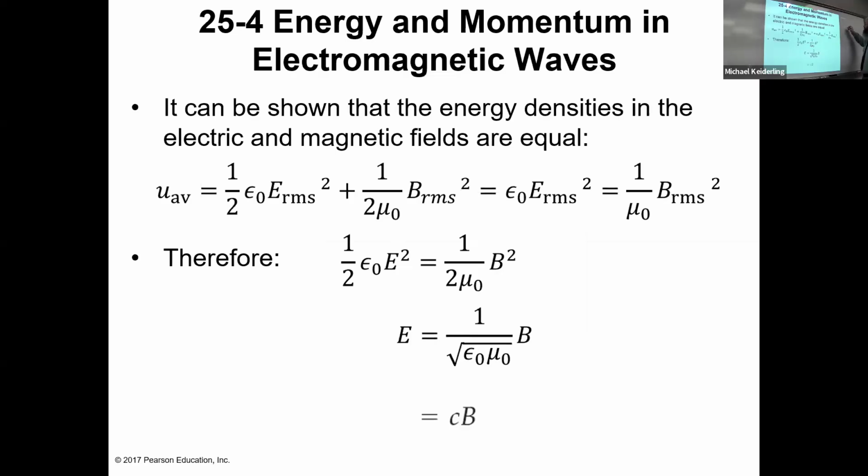We know that average energy density ends up being epsilon naught E RMS squared, which equals 1 over mu naught B RMS squared. So electric field equals C times magnetic field.